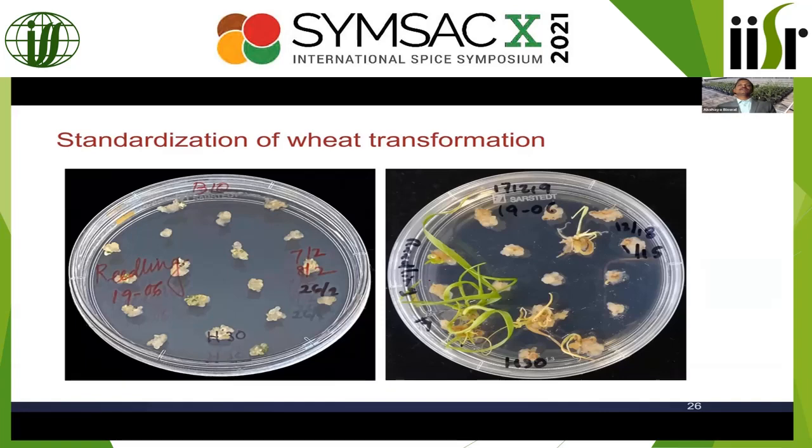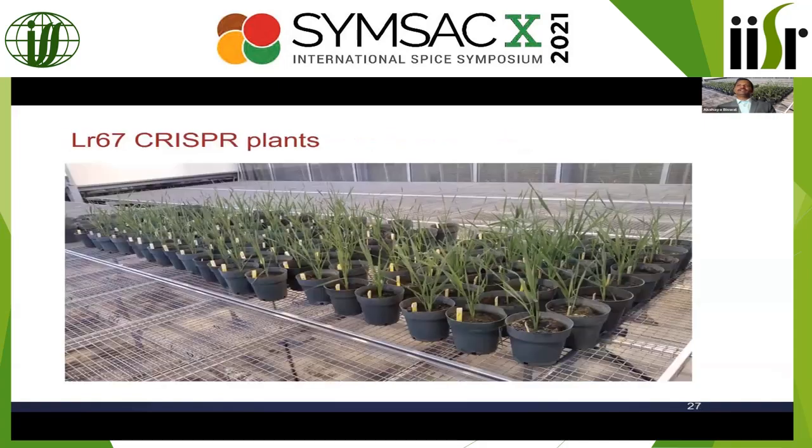So these can be directly given to the farmers. We have developed a very nice protocol, and we now have transgenic plants, and we are evaluating them for gene editing and also for their resistance to different kinds of wheat loss.